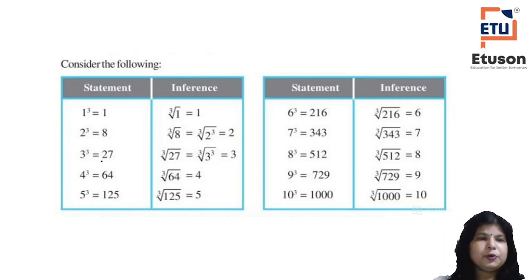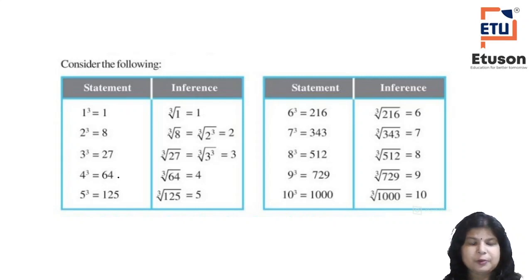Similarly, 3 cube is equal to 27, so cube root of 27 is equal to 3. 4 cube is equal to 64, because 4 into 4 into 4 is 64, so cube root of 64 will be equal to 4. Now, 5 cube is 5 into 5 into 5, which is equal to 125. Inverse of it, cube root of 125 is equal to 5.